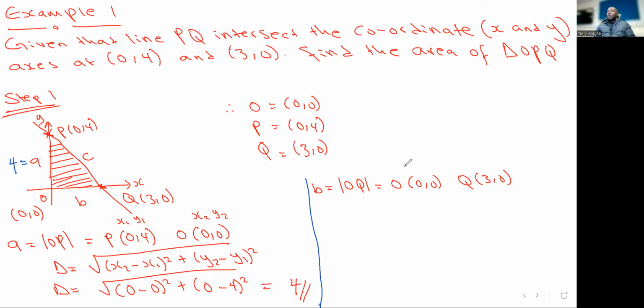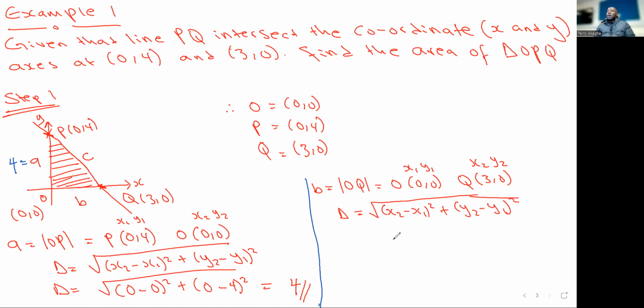So this is our x1, y1, and our x2, y2. The distance is the square root of x2 minus x1 all squared plus y2 minus y1 all squared.